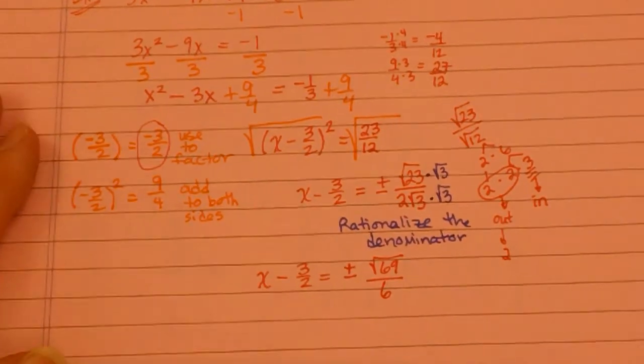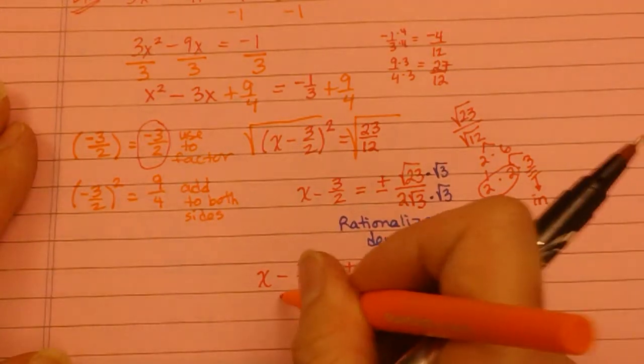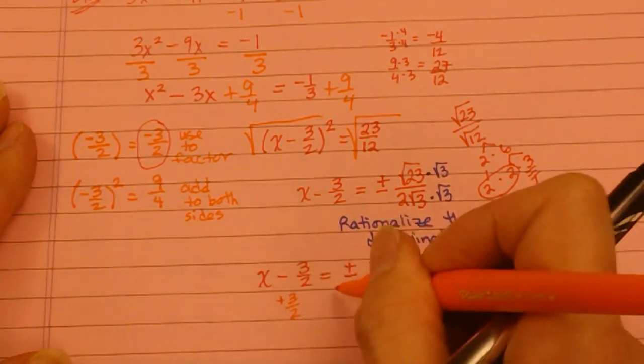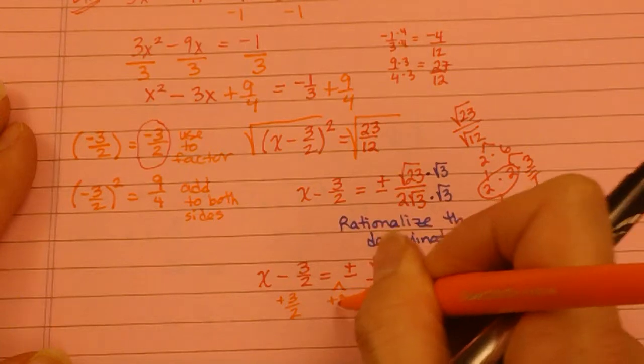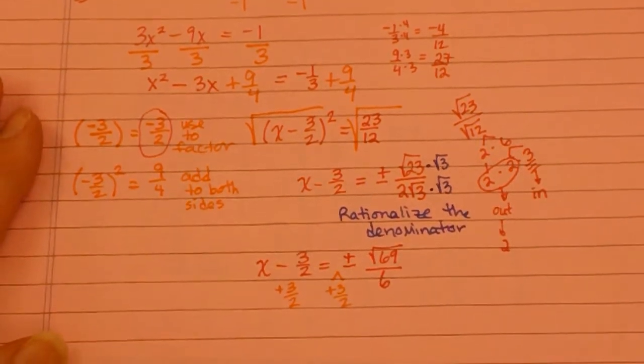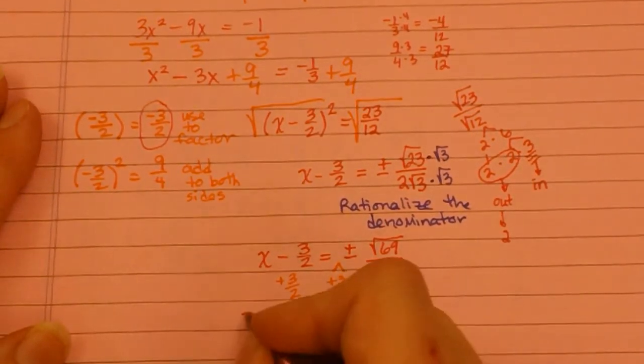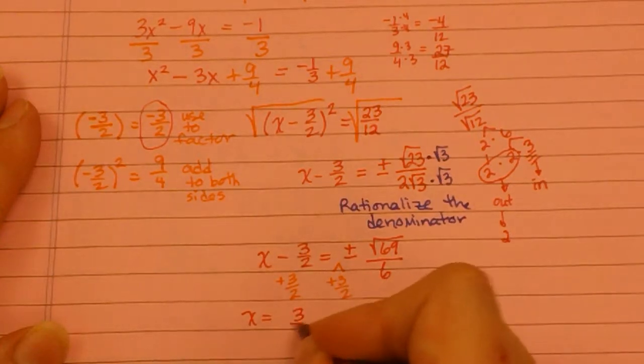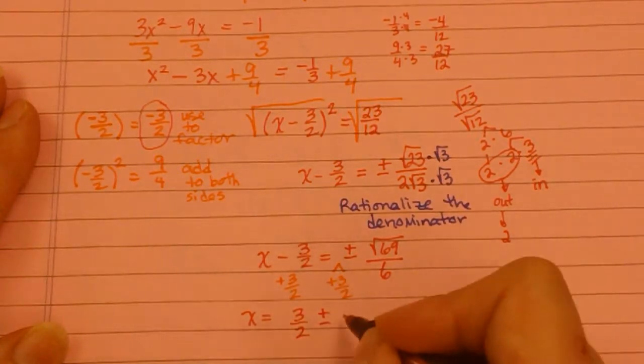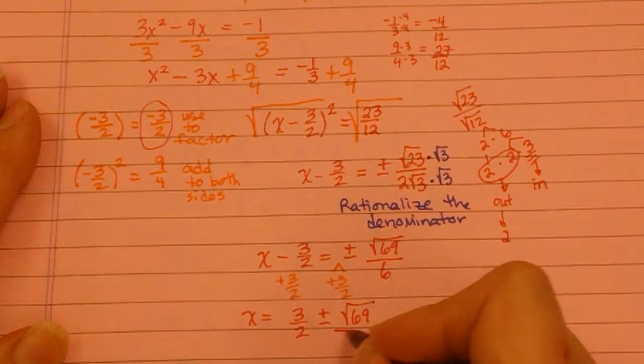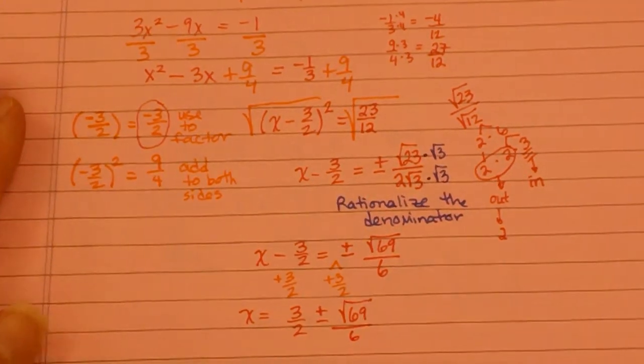Now I'm ready to add the 3 halves to both sides. So plus 3 halves, and that goes in front of the plus or minus. So x equals 3 halves plus or minus the square root of 69 over 6, not in the radical.